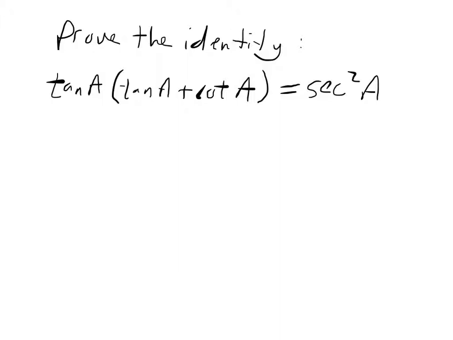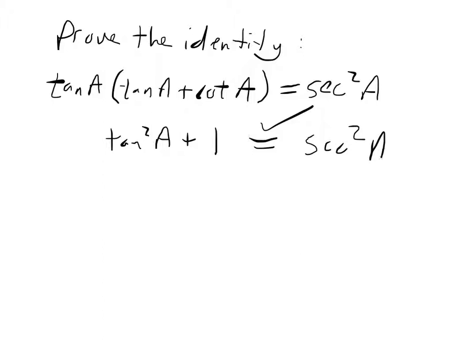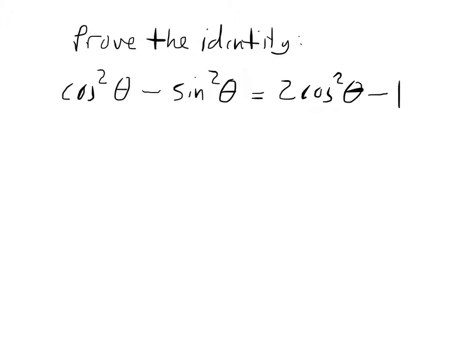So I'm seeing here then I've got a tan squared plus 1. And guess what? My Pythagorean relationship is indeed 1 plus tan squared equals secant squared. And I'm done.